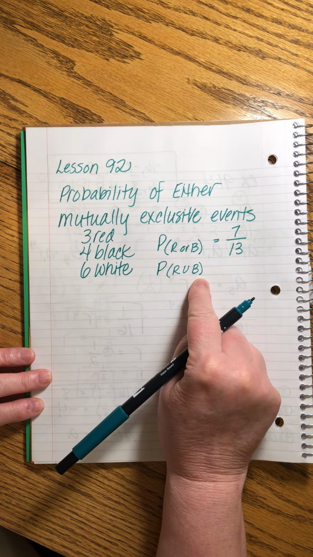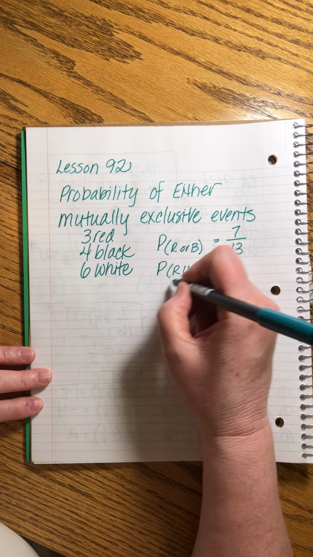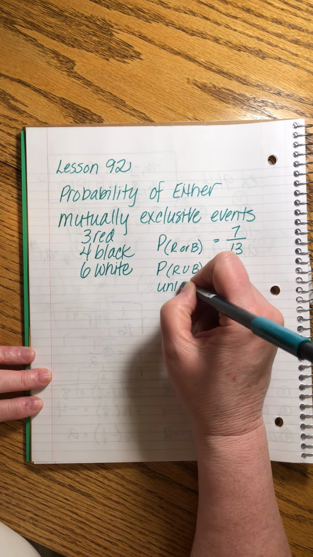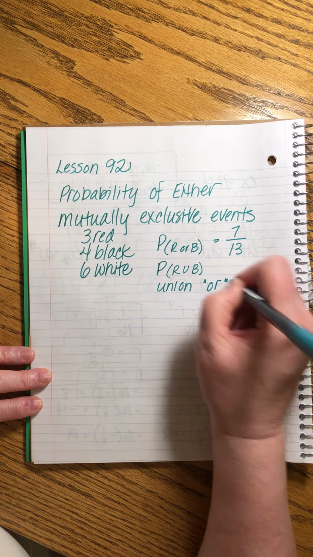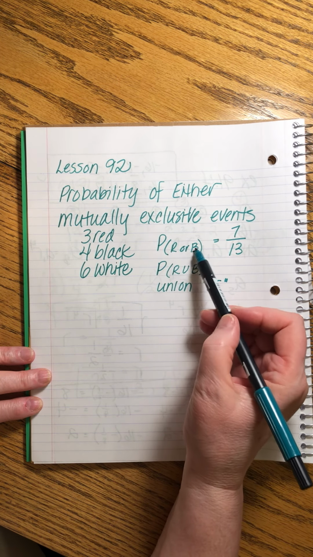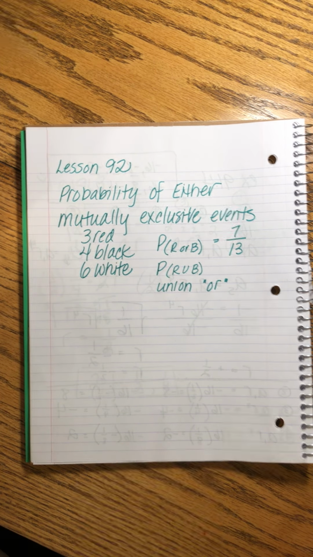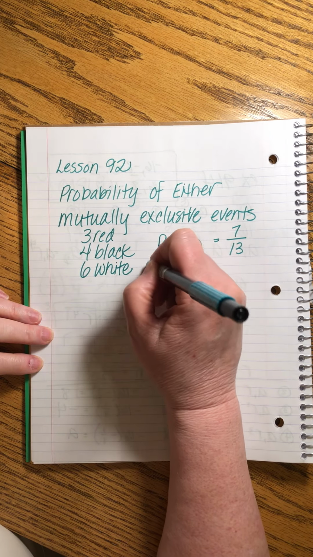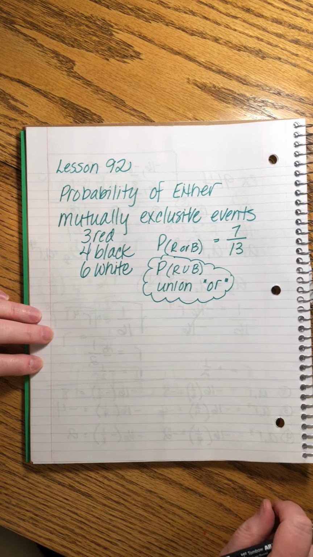Okay, that's a fancy way of saying it, but that just stands for union, or as we say it in a sentence, the word or, right? We wrote red or black, so red union black. That means it's the combination of both of those things. So they can be either red or black. So this is a new way of saying what we have said all along.